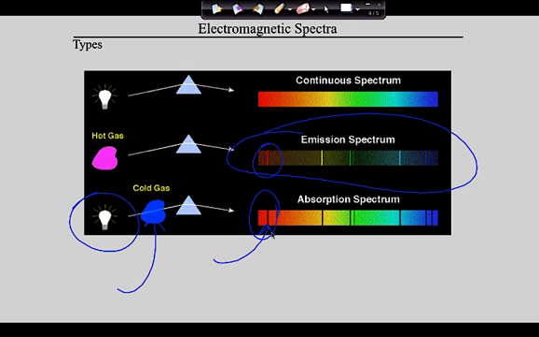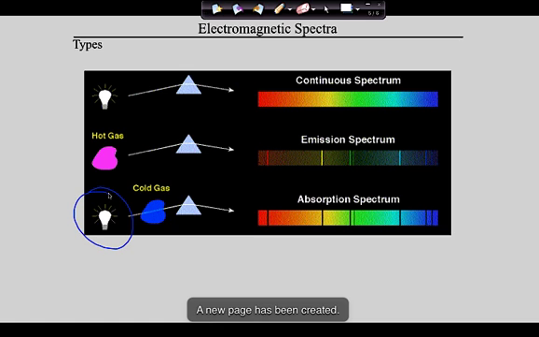But you see where this gets really nasty, right? Guys, what if the light that was passing through that cloud was not white light? What if it was actually an emission spectra from another element?